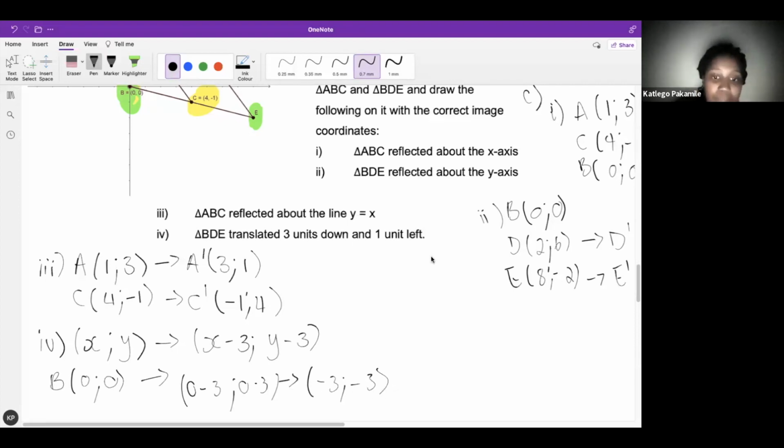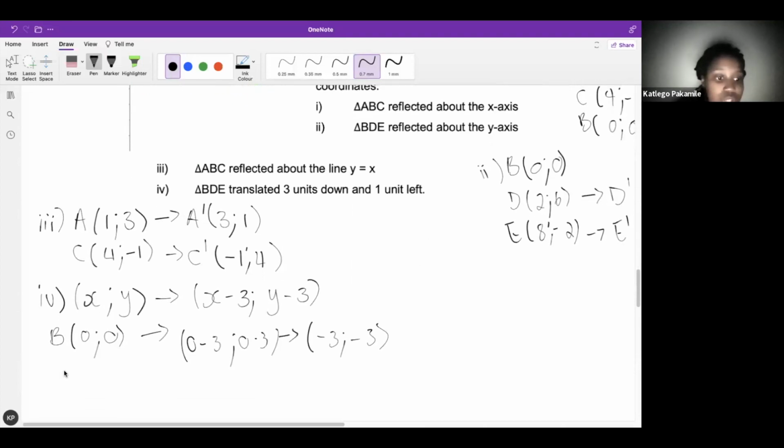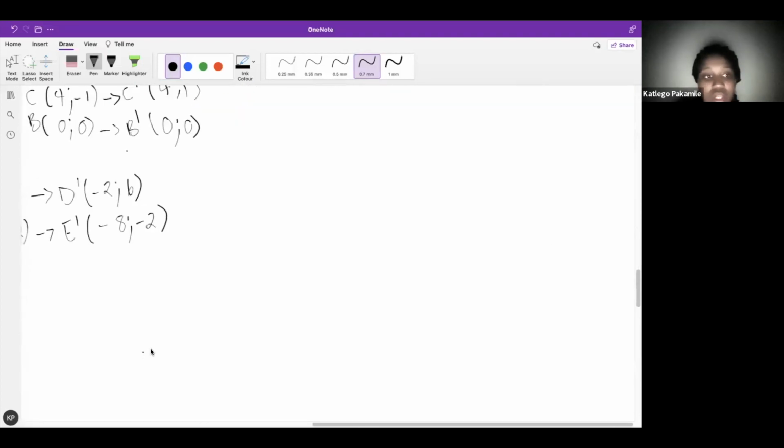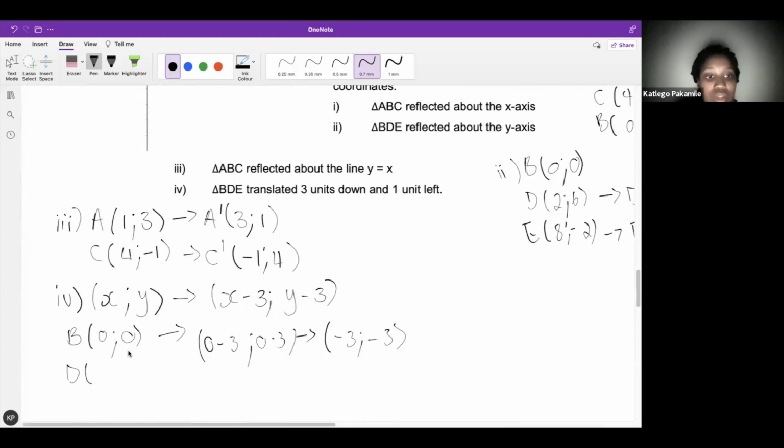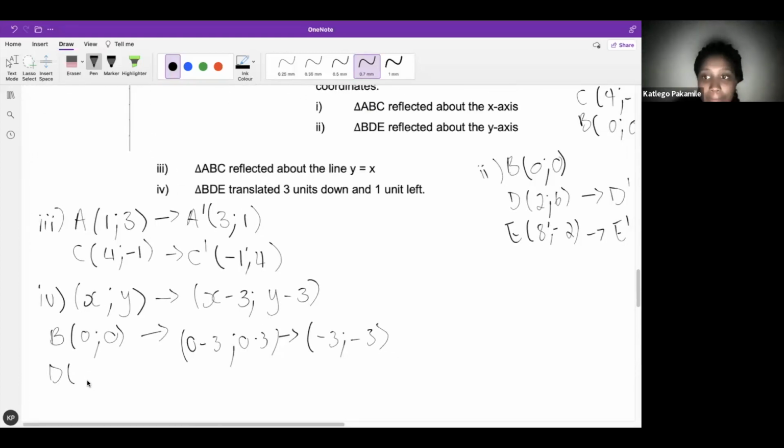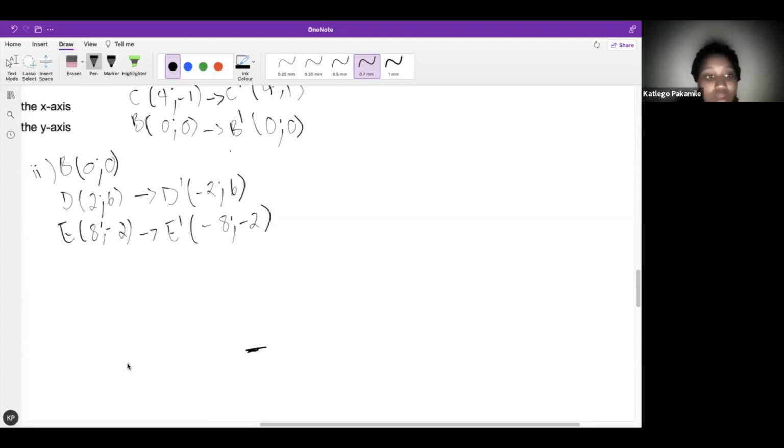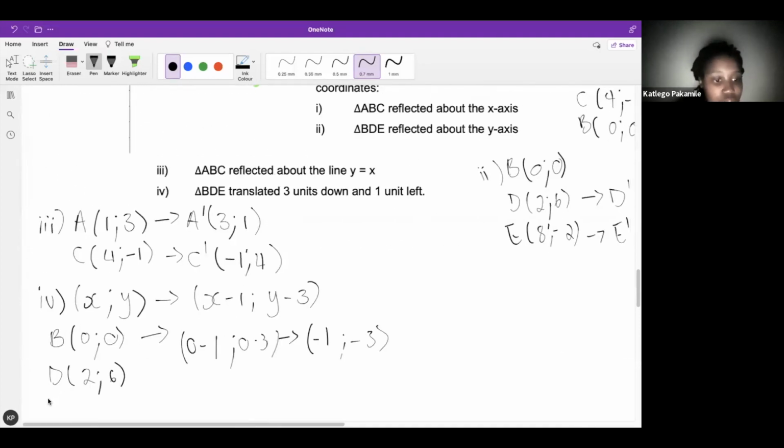That was for B. Let's go to D. What was my original coordinate for D? Let me check quickly. 2, 6. Why are you minusing 3? Oh, good question. Because it said minus 1. Good question, that one. X minus 1. So it is negative 1, negative 3. Whew. This was 2, 6. And let me get the one for E quickly. 8, negative 2.